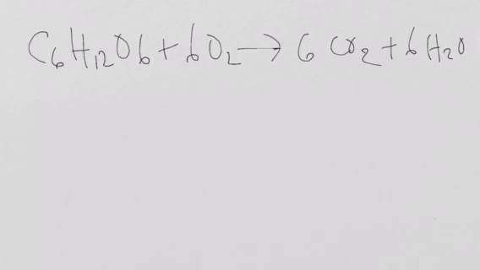Now look at this. What do you think is the fuel in this reaction? No, oxygen is not a fuel. What is this first molecule? What does this stand for? What is C6H12O6? It's also known as glucose, right? What is glucose? It is a sugar. So here is your fuel, okay?